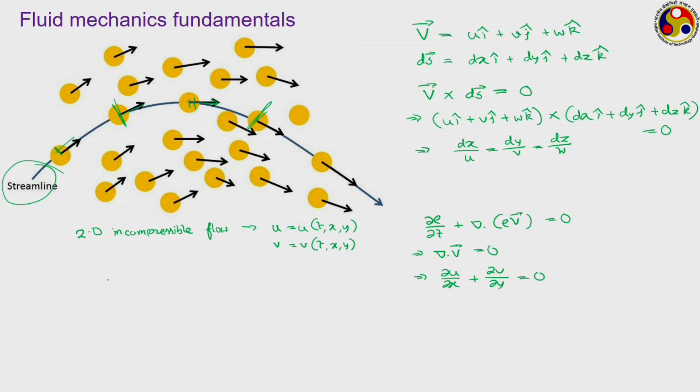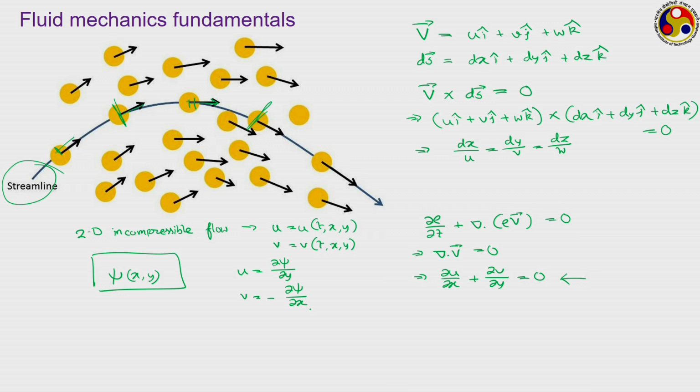Now, let us define a function psi, a function of x and y, such that it satisfies this 2-dimensional incompressible continuity equation. Then, if this function psi has to satisfy this equation, what should be its relation with u and v? There are quite a few ways we can relate them, but generally the most common way of defining is u is equal to dou psi dou y, v is equal to minus dou psi dou x.